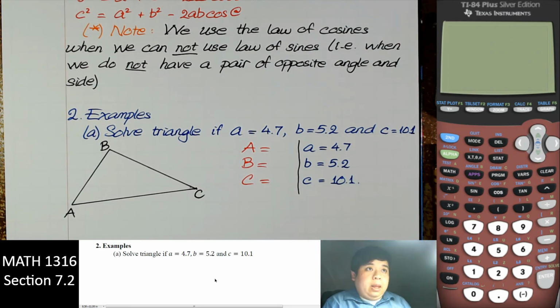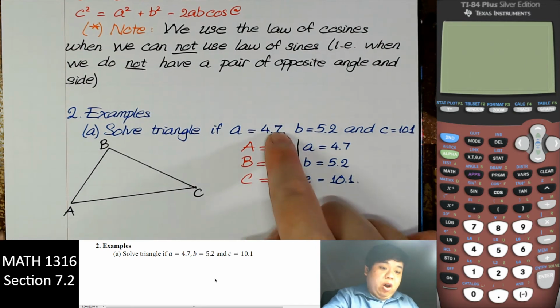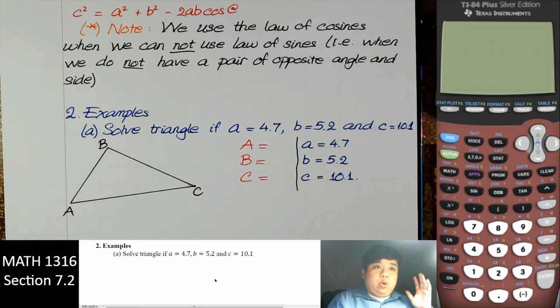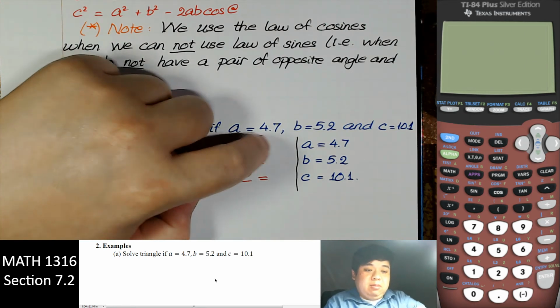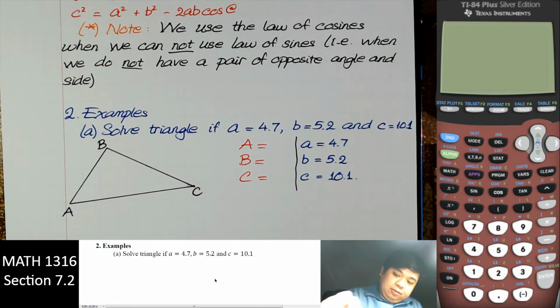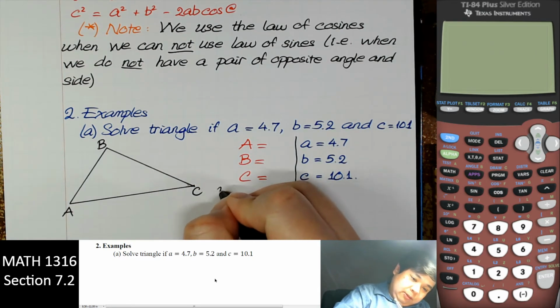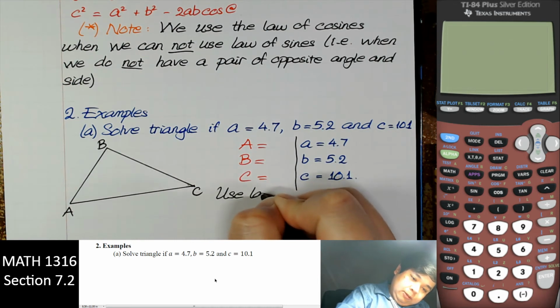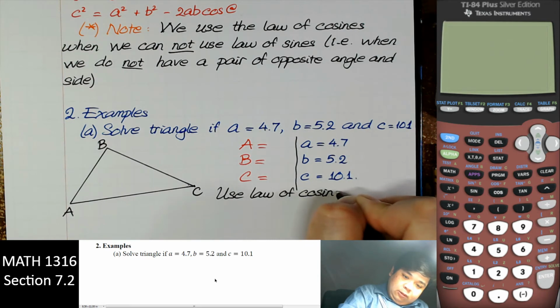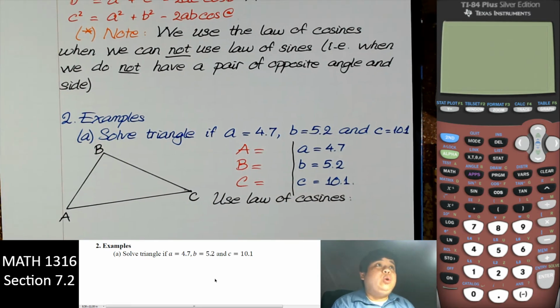Right. So obviously, since we don't have any angle, we don't have a pair of opposite angle and side. So the law of sine will not work. Don't have the opposite angle and side. So we cannot use the law of sine, so we use the law of cosine. There are three of them.